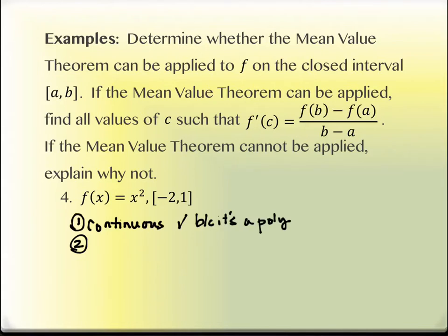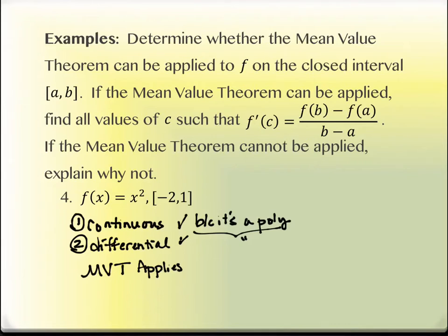Is it differentiable? Yes. Why? Because it's a polynomial. So what does that mean? Well, it means the mean value theorem, which we'll abbreviate MVT, like we did the IVT for the intermediate value theorem, applies. So we get to the point of deciding whether things apply quicker when we do the mean value theorem.